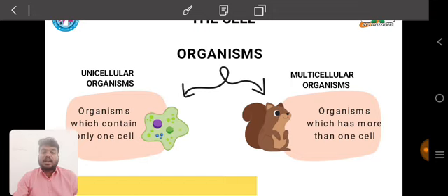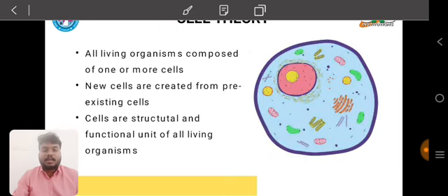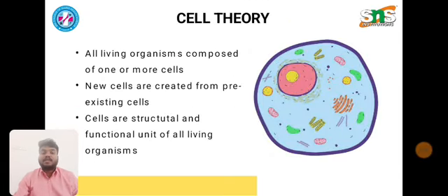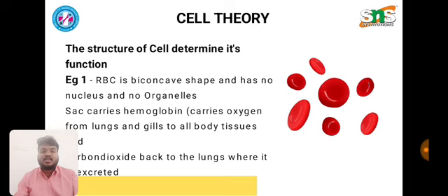Unicellular organisms contain only one cell, that is amoeba, E. coli, etc., whereas multicellular organisms have more than one cell, that is plants, animals and humans. According to cell theory, all living organisms are composed of one or more cells. New cells are created from pre-existing cells, and cells are the structural and functional unit of all living organisms.